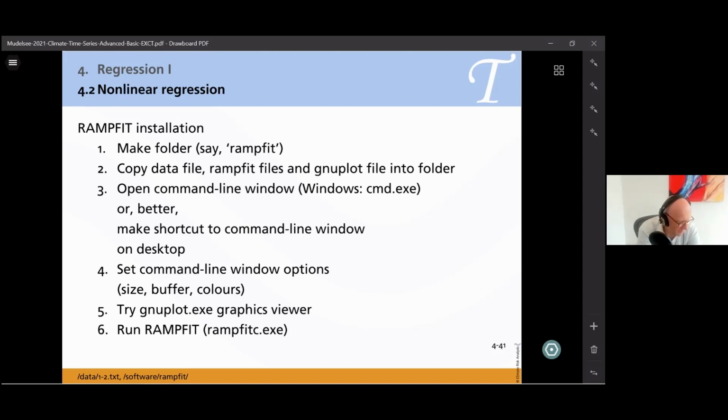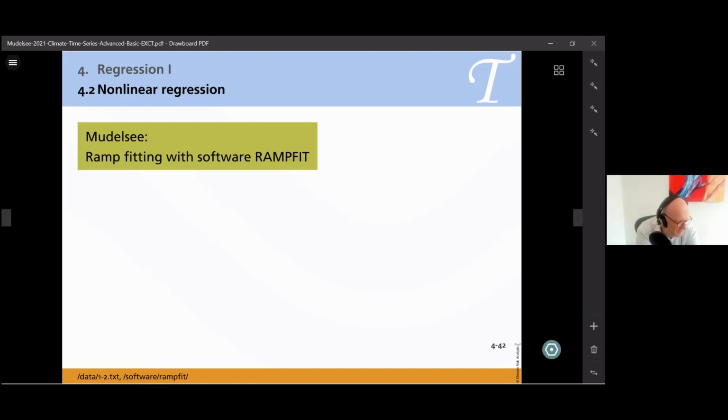Okay, and you can design your Windows command line. That means what is a buffer, how many lines it can store, and the colors and the size and so on. Then we use the graphics viewer, and finally we ran RampFit by typing on the command line the word rampfitc.exe, and then we pressed enter, and then the software started.